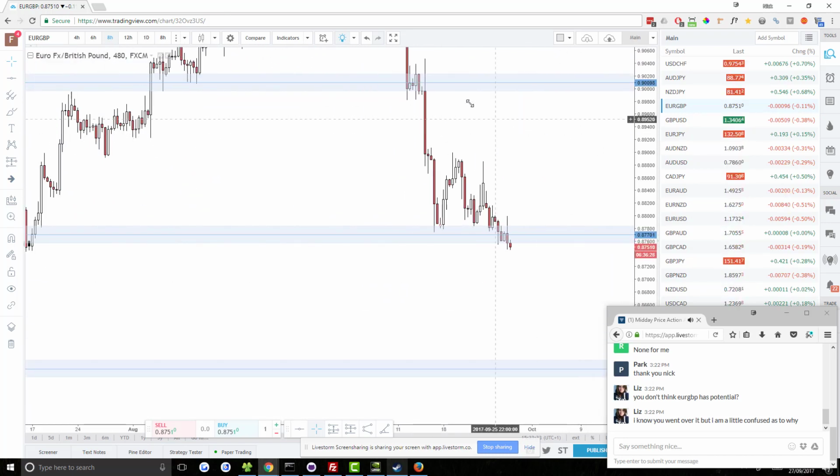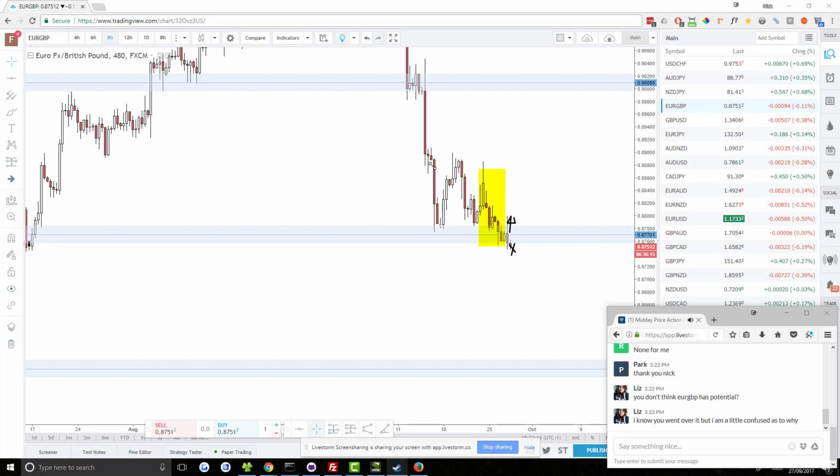Now, I don't mind taking counter trend trades. I'm not against counter trend trading, but when I'm taking a counter trend trade, I want it to be a good setup, and this is not a good setup anymore. First of all, to the left, it's just really messy. Second, like I said, it's broken through the support area. Now it's on the lower side, which is going to make it even harder. Yesterday, it made an attempt at pushing up and it failed.